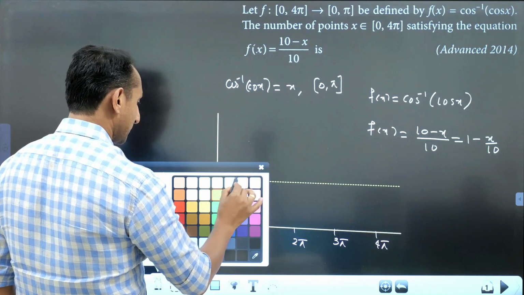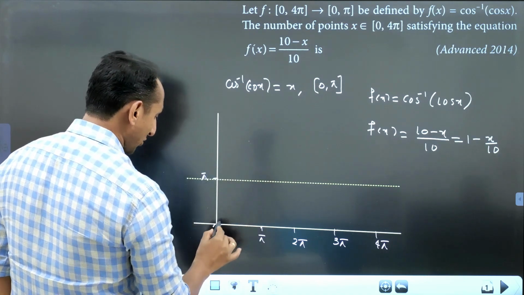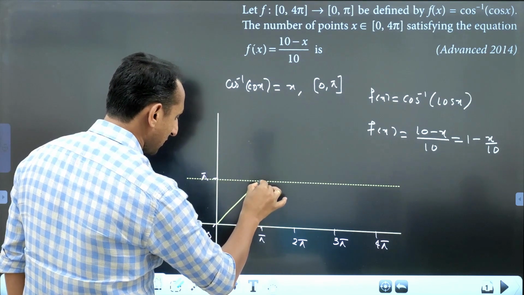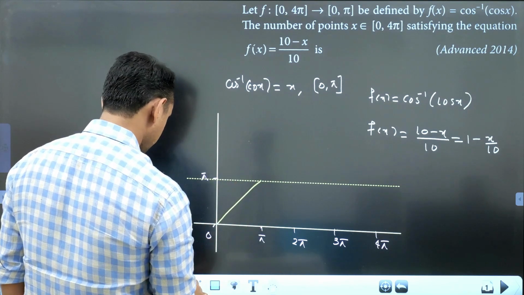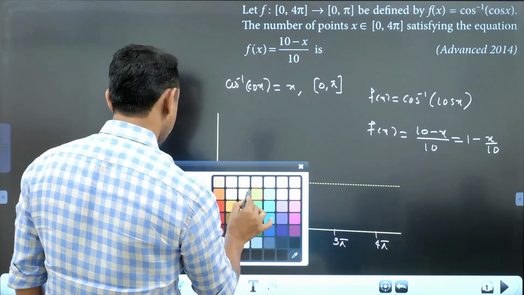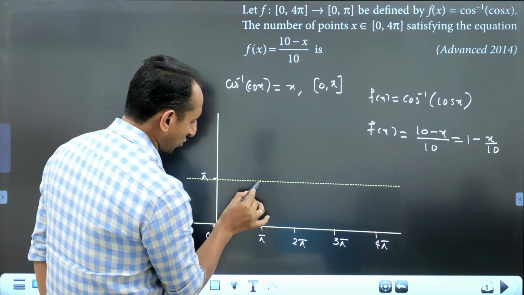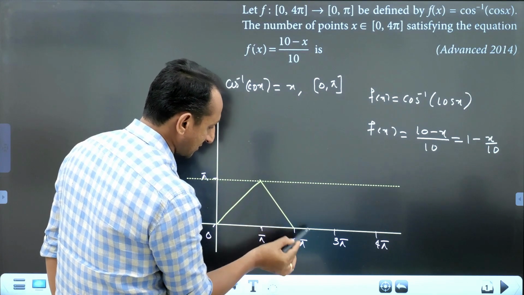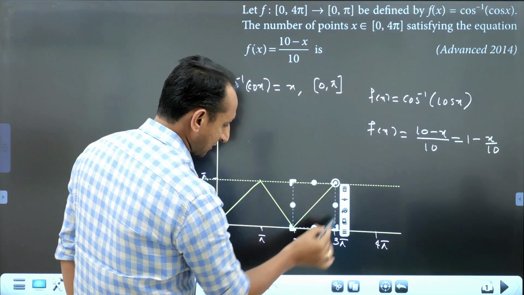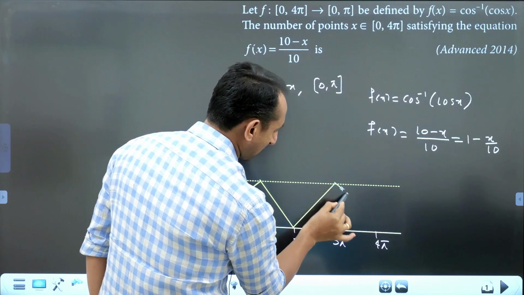See the graph. From 0 to pi, it is here. And from pi to 2 pi, this. 2 pi to 3 pi, this. 3 pi to 4 pi, this graph.